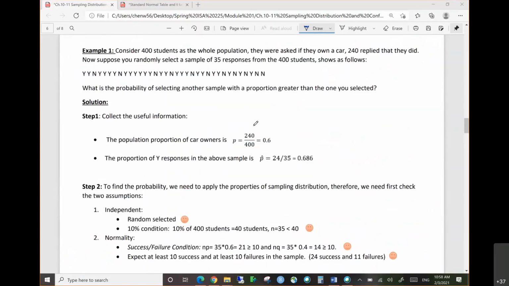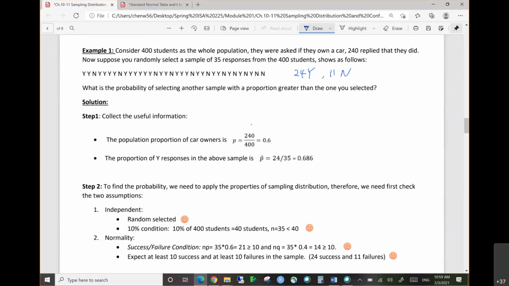Say we consider 400 students as the whole population. They were asked if they own a car, and 240 replied that they did. Now suppose you randomly select a sample of 35 responses from 400 students, shown as follows. So we have 24 yeses and 11 no's in the last example.